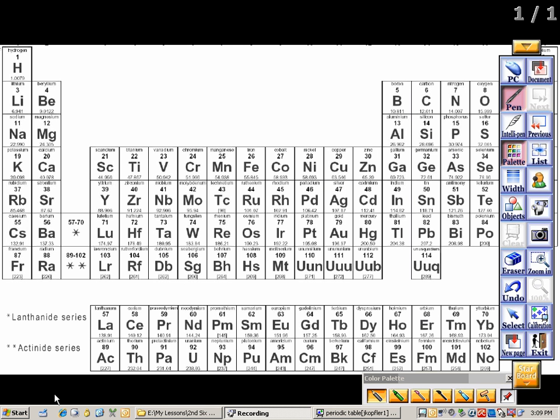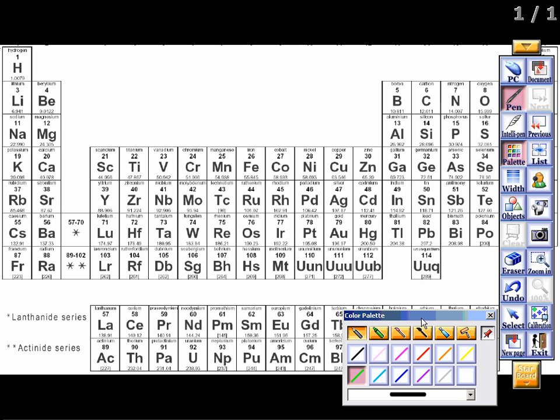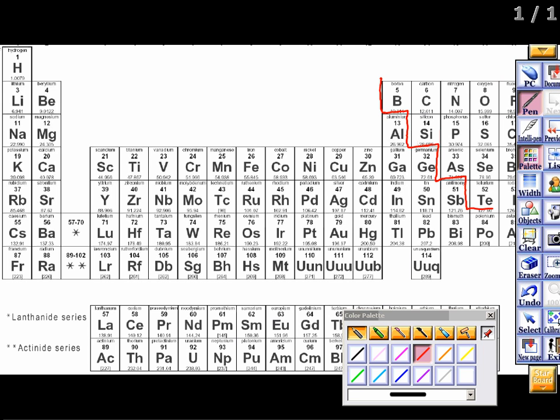There's more organization, though, than just groups, columns, and periods, rows. There's chemical families, and they're all based around a special little stair step in the middle of the periodic table. I'm going to draw it in on this one. There's a little set of stairs going down right here. And this gives rise to the major chemical families within the periodic table.